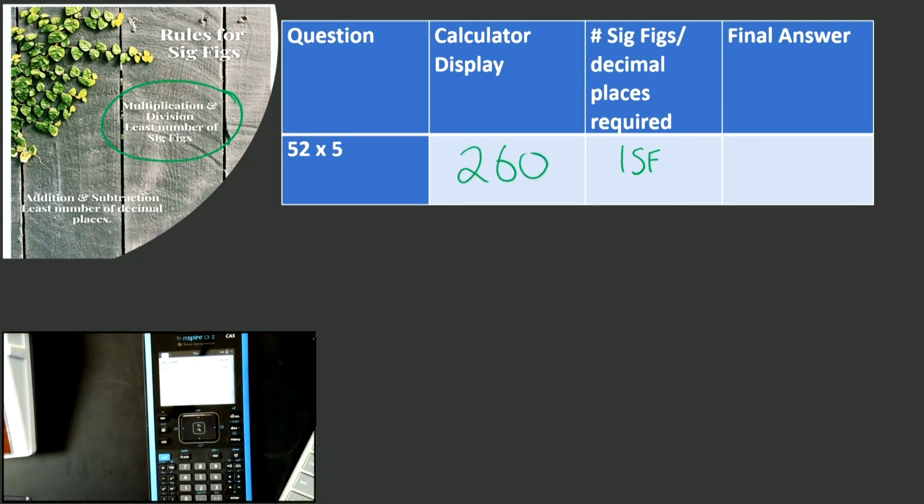So 260, how many significant figures is that? Well, underlining the 6 and the 2, that is 2 sig figs. So my final answer can only have 1 significant figure. I'm going to have to take my 260 and round it to 300. And there I have 1 significant figure. There's no decimal point. It's just 300.